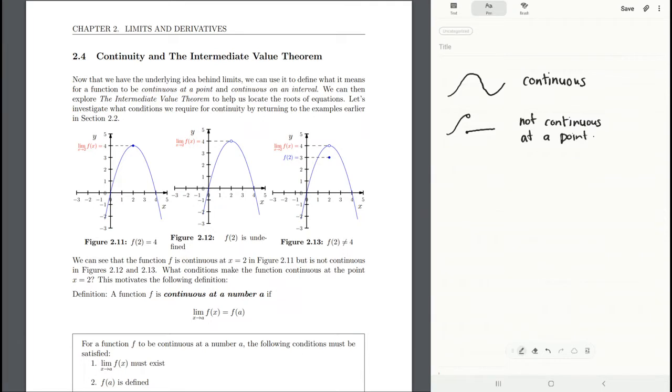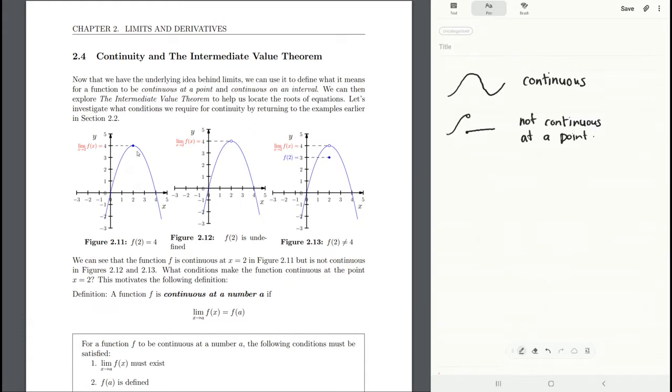So what conditions do we need in order for us to say that a function is continuous at a given point? Well, let's have a look at some of our earlier examples to see what the conditions are. For these functions, we're looking at what happens when x is equal to 2. For each of these graphs, we notice that there are different behaviors when x is equal to 2.